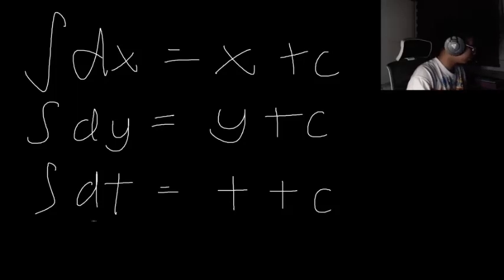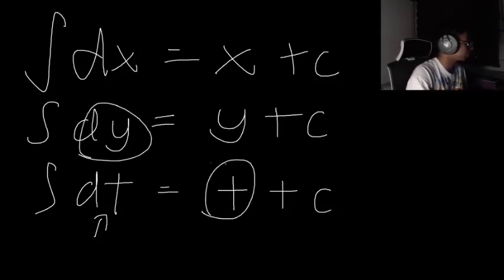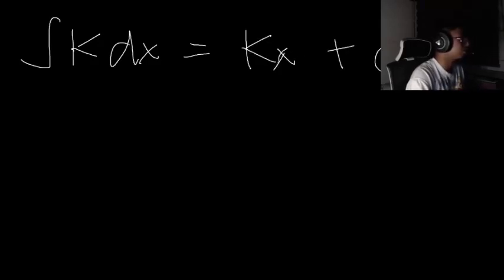Now, this is the variable of integration. Make sure to always add the variable based on what you see here. Now let's say you want to get the integration of a constant. So let's write the formula here. kx plus some constant c.